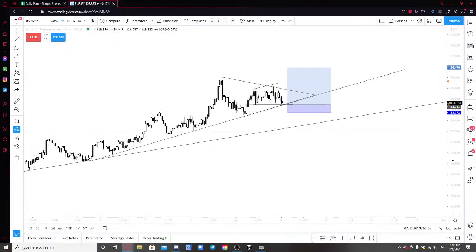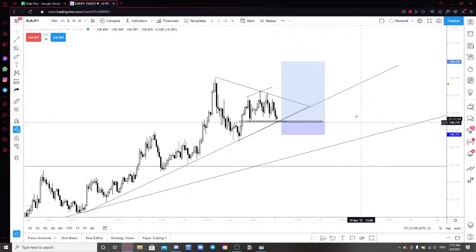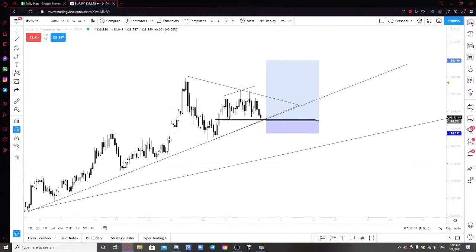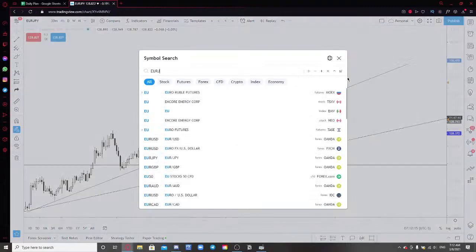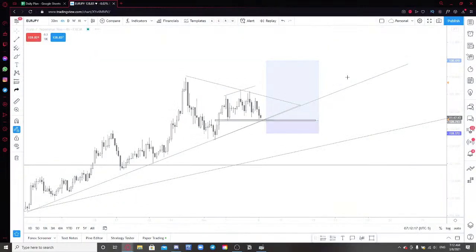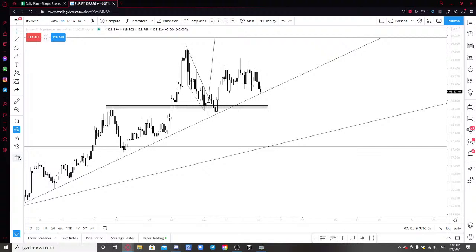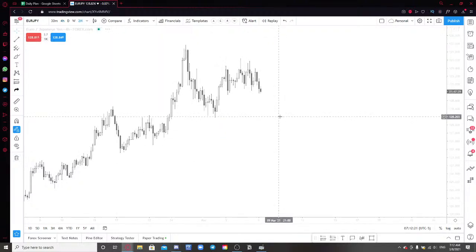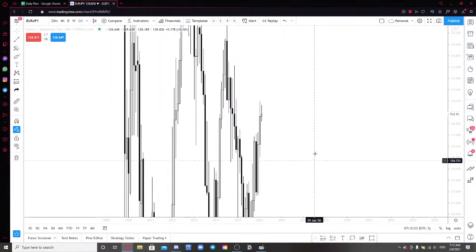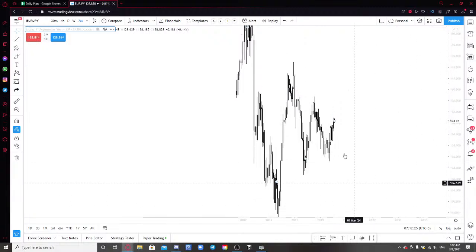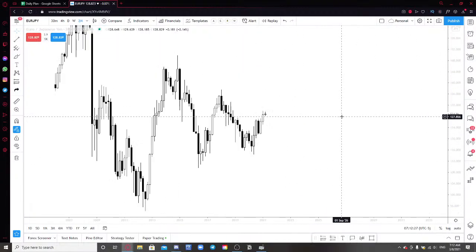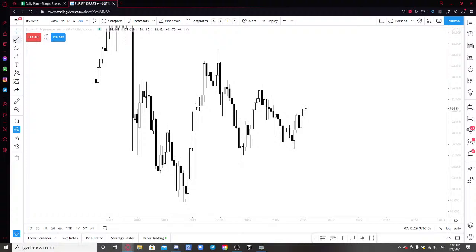Okay, about in that area, 130.47. But let's mark this up and make sure it still holds true. So monthly. And of course, if that trend line breaks, the move's invalid.